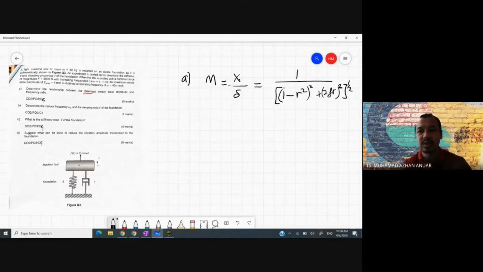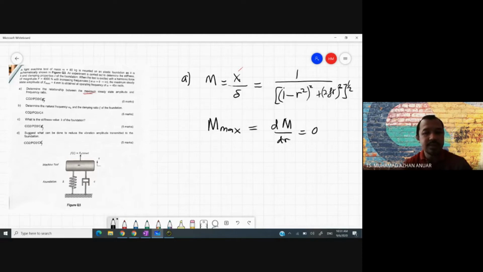In order to determine the maximum steady state amplitude, we want the maximum magnification factor. It will occur at dM with respect to dR equal to 0.